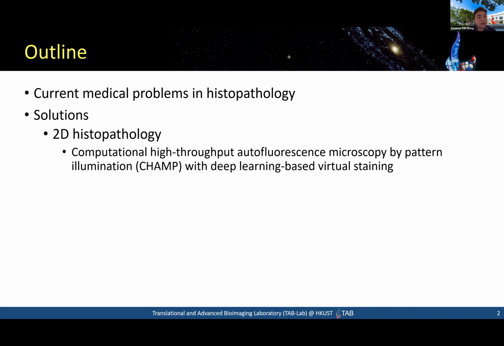The first solution that we're going to propose is also a very key technology being developed from my laboratories at HKUST. It's called computational high throughput autofluorescence microscopy by pattern illuminations. And we also leverage the power of deep learning to do some virtual staining that I will also talk about later on in this presentation.